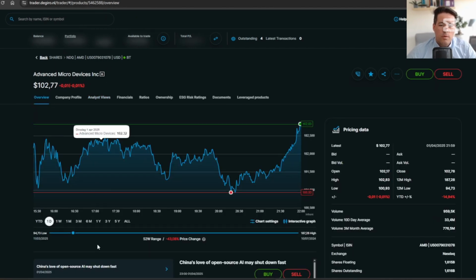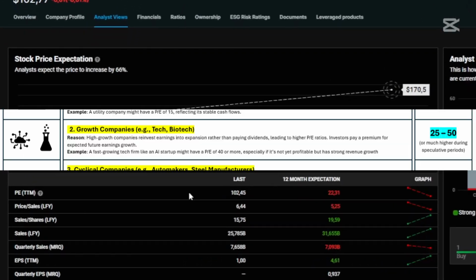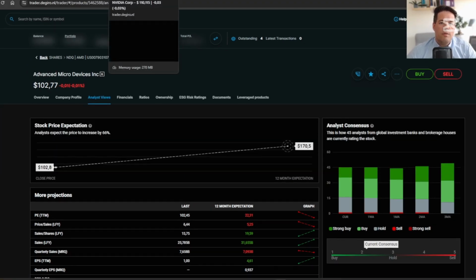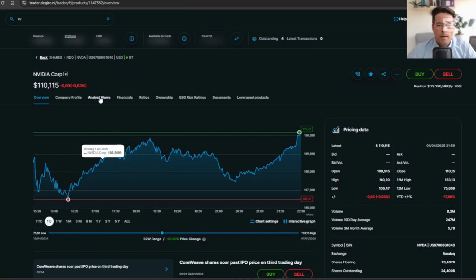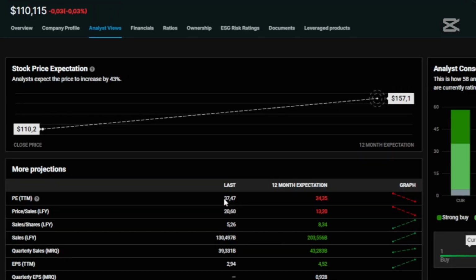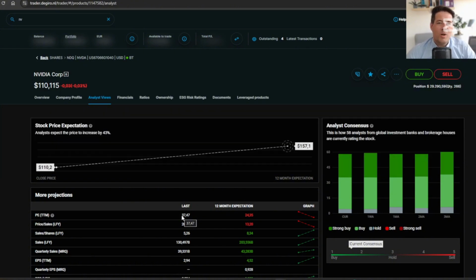AMD, if we go to AMD Analyst View, you see a PE ratio of 102, so that's quite high. One of the highest that we've seen so far. If we go to Nvidia, they have only a PE ratio of 37. So does that make Nvidia a better purchase than AMD? Well, these are the questions investors can start asking themselves.